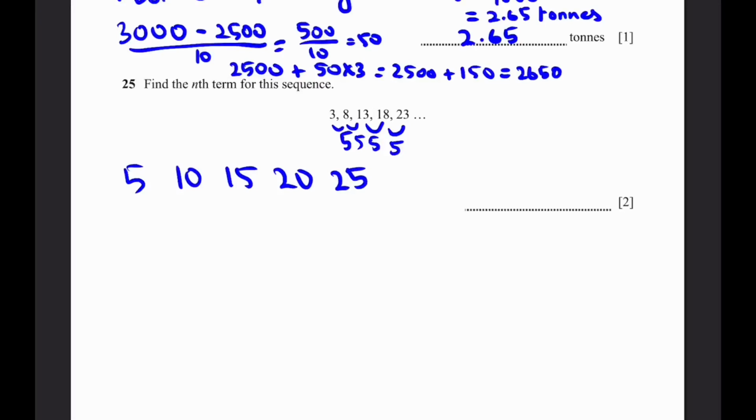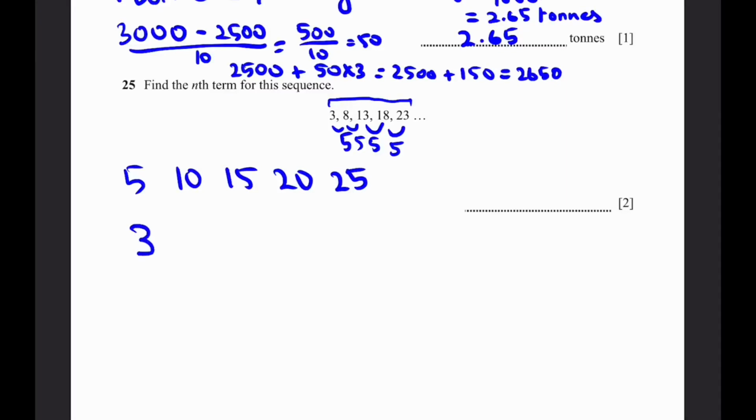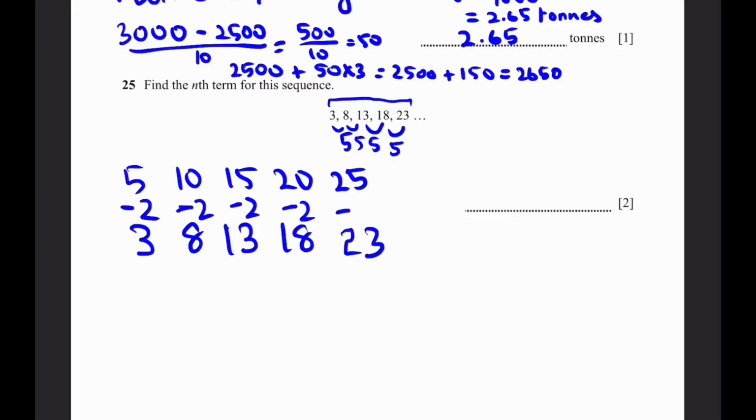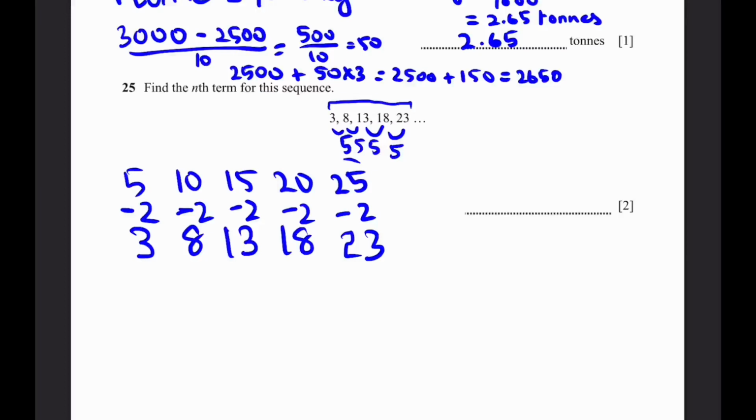Why are we looking at this 5 only? Because they've given 5. Now let's write down the sequence: 3, 8, 13, 18, 23. So that will be when you minus 2 from each of the 5 table numbers. And because the common difference is 5, it'll become 5n minus 2.